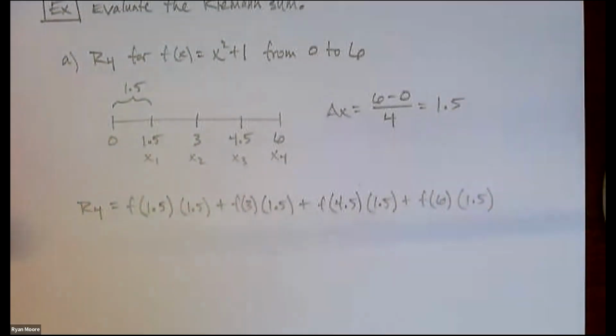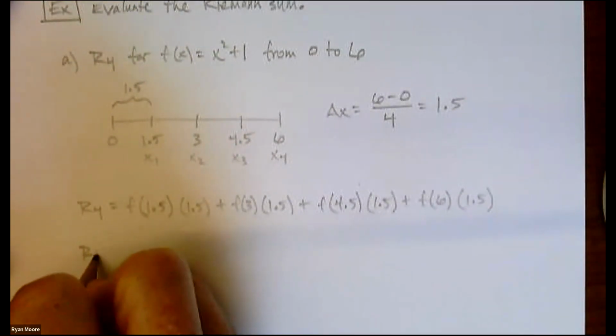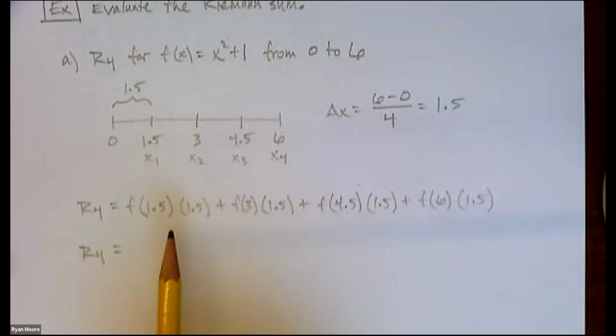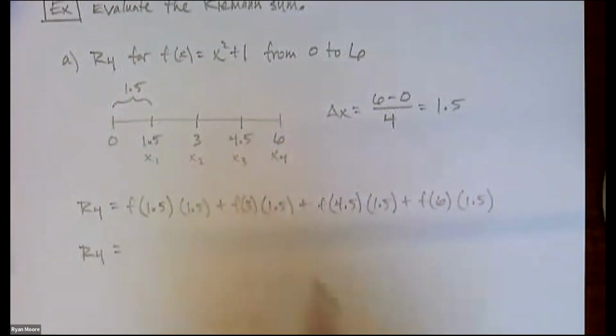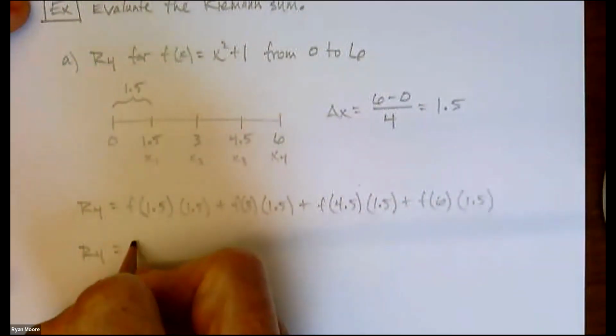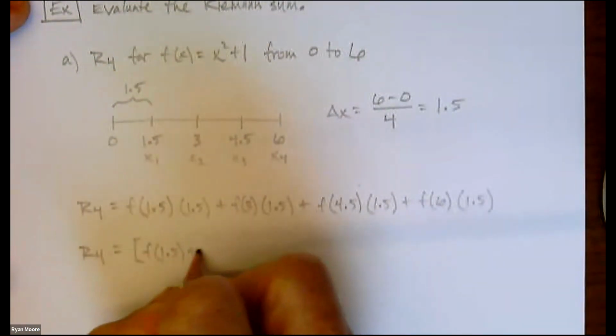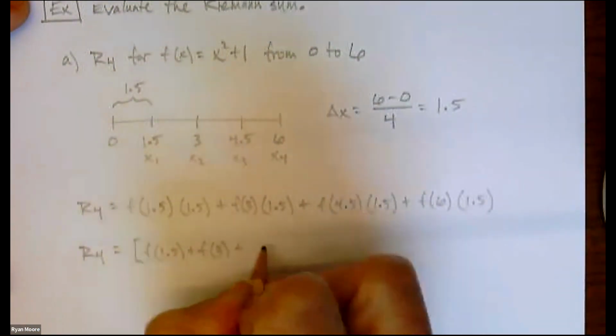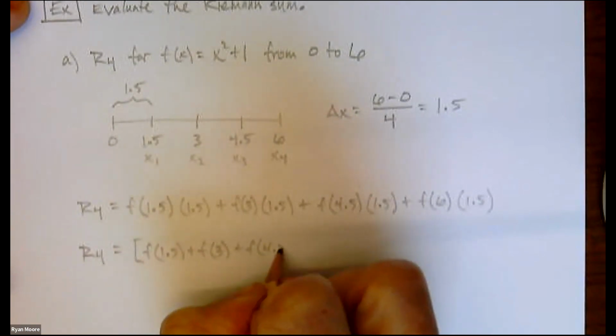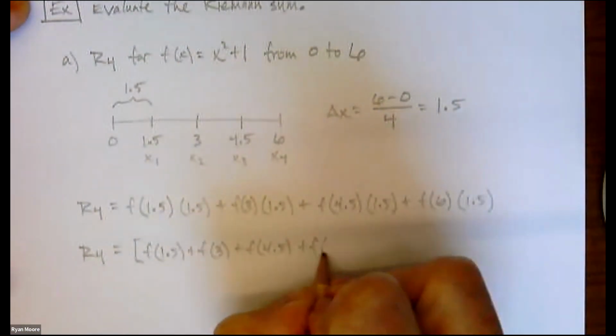Before I do that, there's a way that's just a little bit faster. Notice that each one gets multiplied by the 1.5, of course. So what if I factored that out? That would look like this.